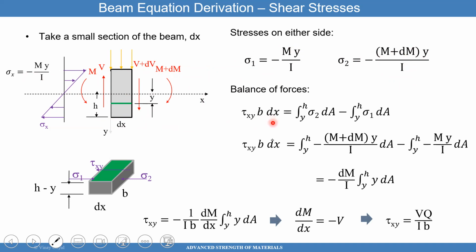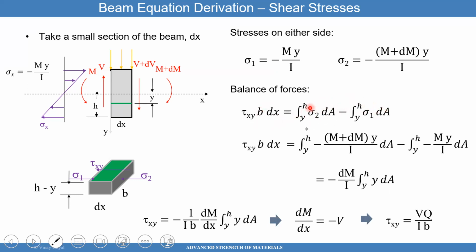So you can understand the shear stress. If I do balance of forces, I have tau xy times the area, which is the width of the beam, B, times dx. That's the shear force here, and it has to be balanced by the forces on either side of the beam.